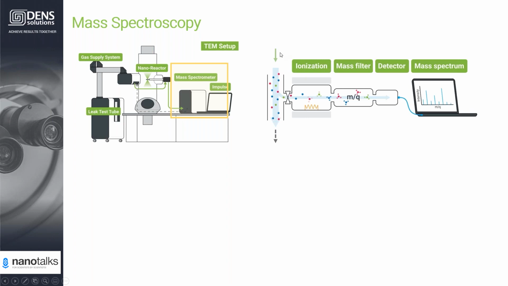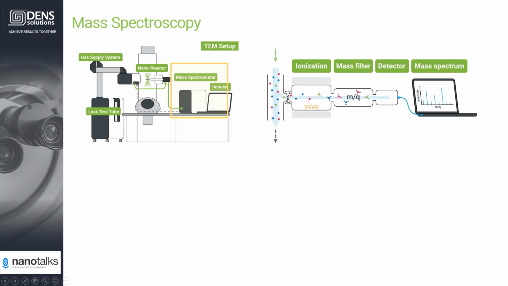It's like here, this red curve, this green line, is the gas coming out of the holder and coming to the mass spectrometer. And here the gray line corresponds to here. So the gas coming out of the holder will come to these lines and part of it will go to the mass spectrometer.